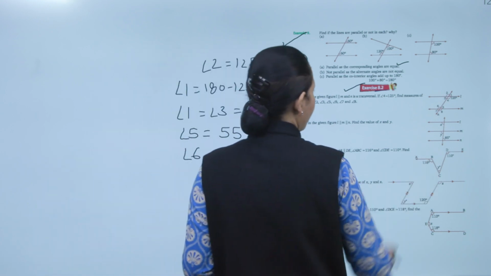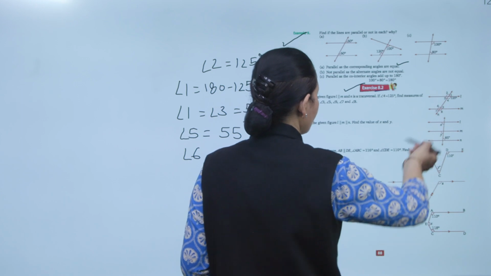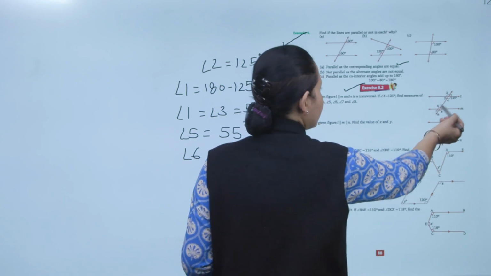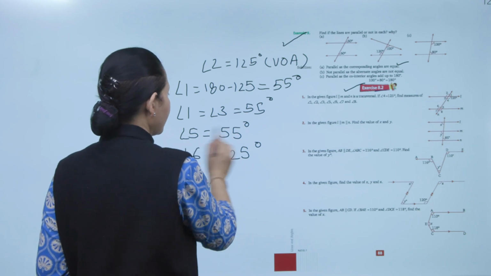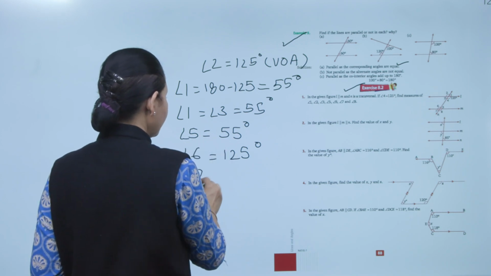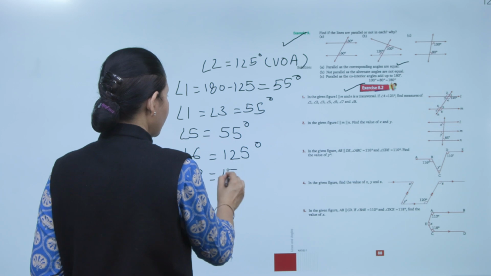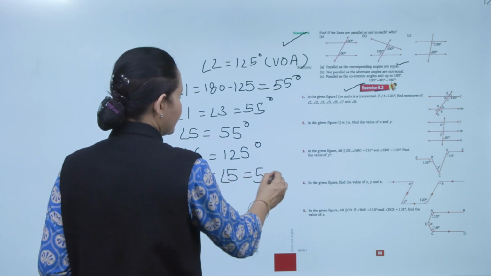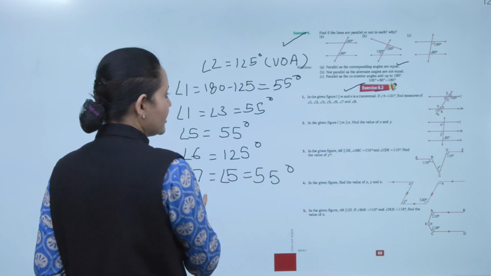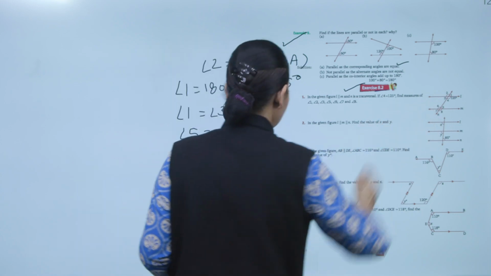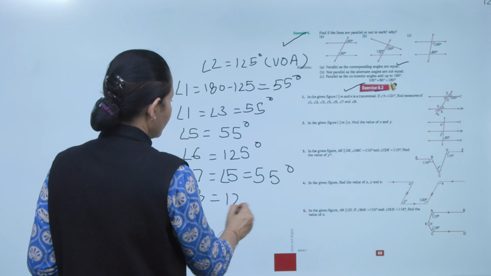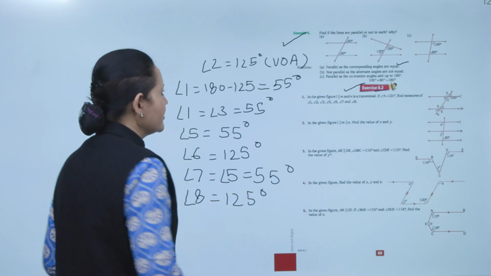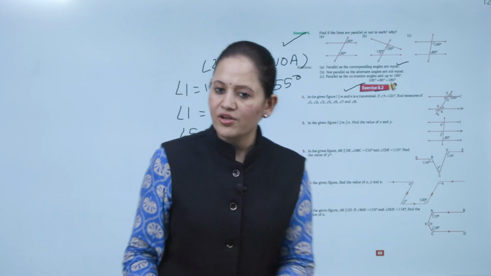Clear? Now angle 5 and 7, they are again vertically opposite angles. So angle 5 अगर 55 है तो angle 7 equals to angle 5, that is equals to 55 degree. Angle 6 125 है तो angle 8 क्या हो जाएगा 125 degree. This is how we can find out all the angles.